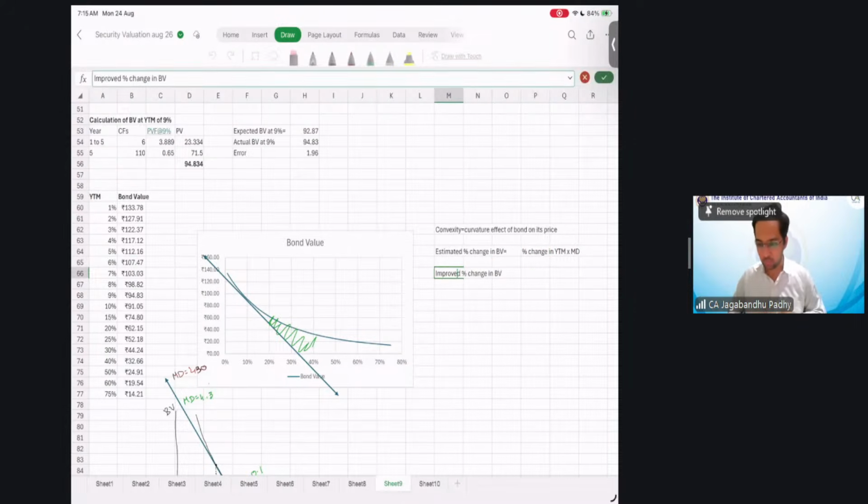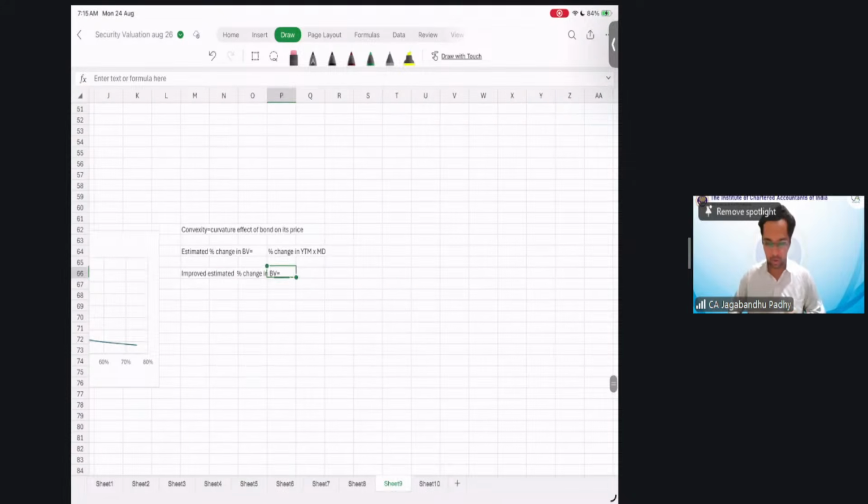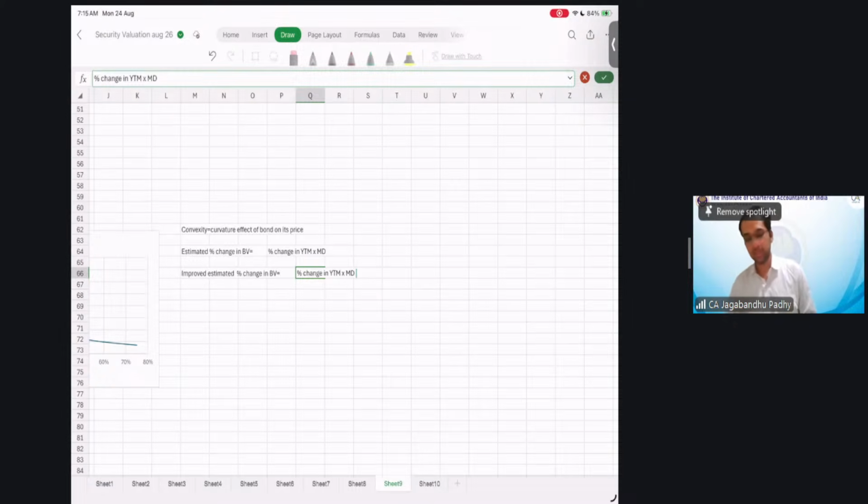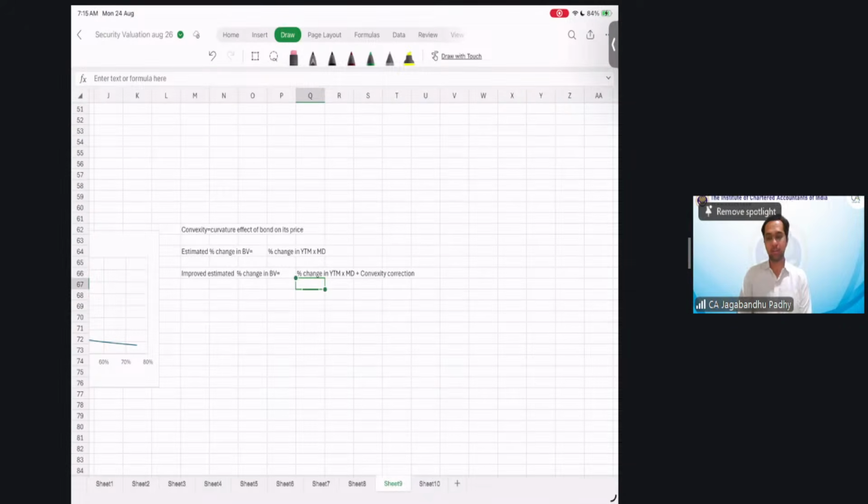And so we can say the improved estimated percentage change in bond value will be calculated as the percentage change in YTM multiplied by modified duration plus convexity correction.